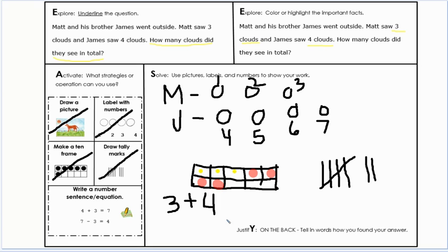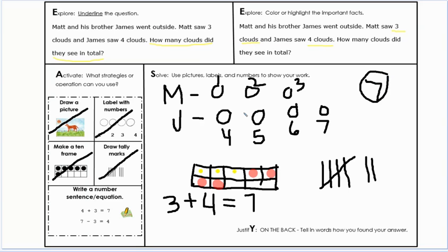Okay, and now we do, remember this, the equal sign, okay? So we say 3 plus 4 equals, what was our total? We said 7, okay? And we always want to circle our answer just to make sure. We said our final answer was 7.